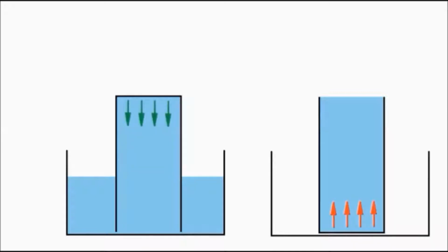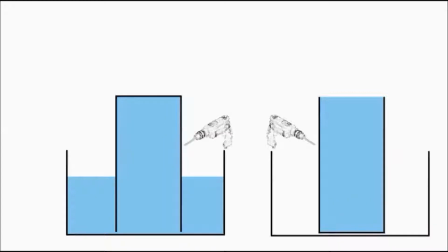What does that mean? To show what that means, we have to drill 2 holes in the containers. As you can see now, there the holes will be drilled, and now let's see what happens.